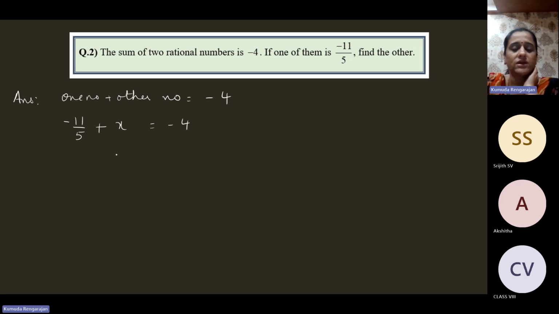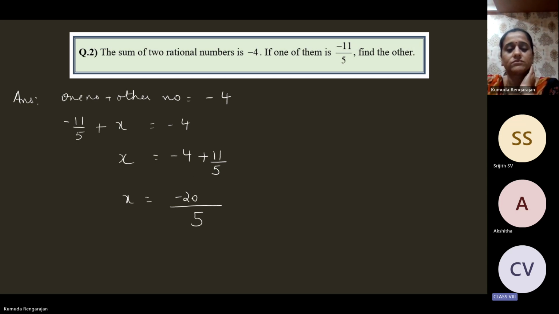Then X is equal to minus 4 plus 11 by 5. What's the LCM? 5. Minus 20 plus 11 is equal to minus 9 by 5.